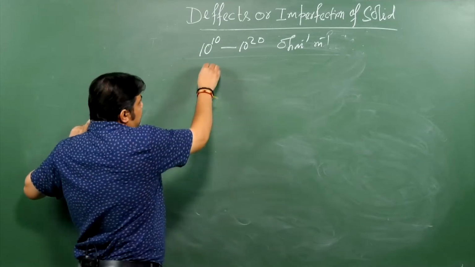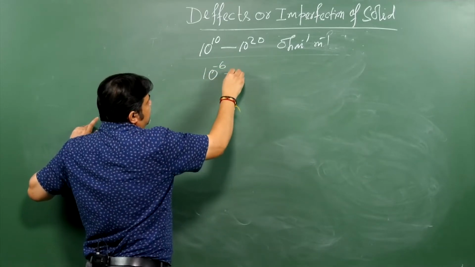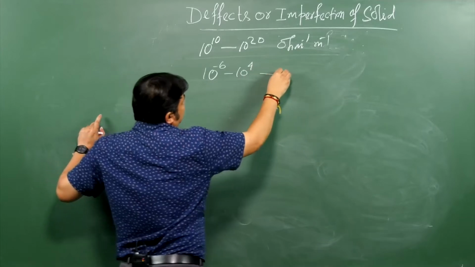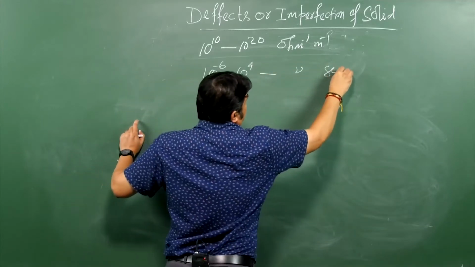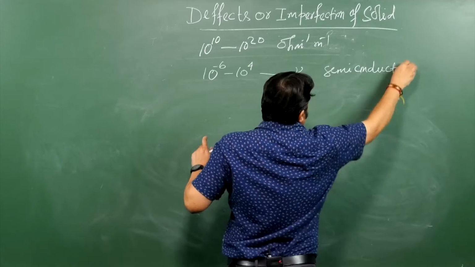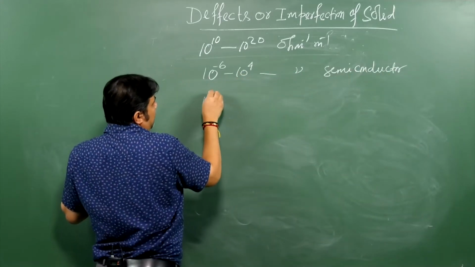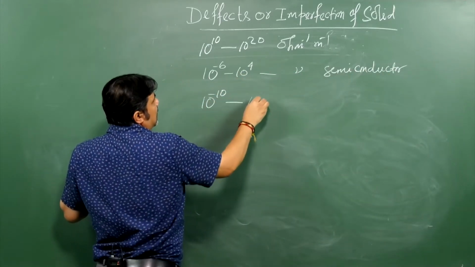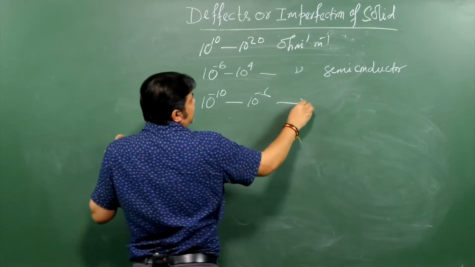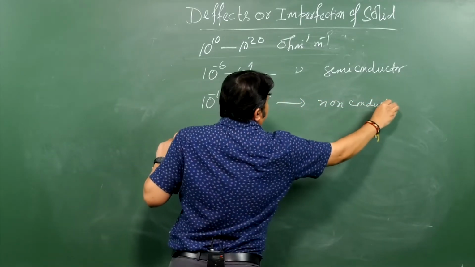If the conductivity value is in the range of 10 to the power minus 6 to 10 to the power 4, that is called a semiconductor material. And if it is below, 10 to the power minus 10 to 10 to the power minus 6, that range is a non-conductor.